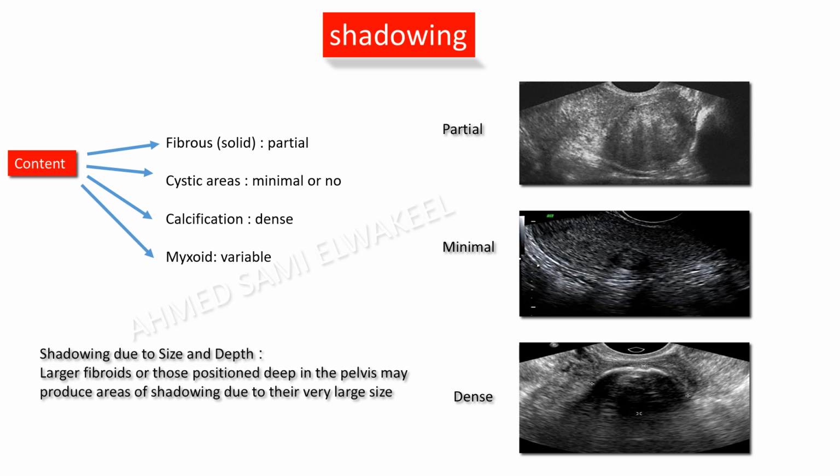Shadowing due to size and depth. Larger fibroids or those positioned deep in the pelvis may produce areas of shadowing due to their very large size.